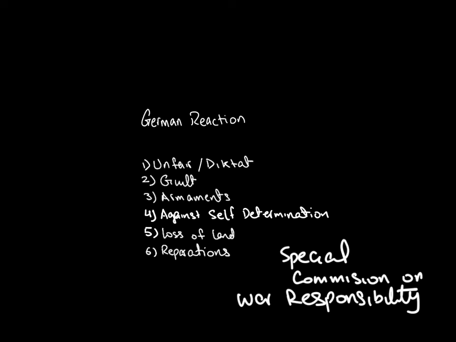Moreover, the Germans were against the loss of land, but mainly the Germans living in those lands were the minority, and those claims were on nationalistic, ethnic grounds. Germans did have a legitimate claim of resentment on the reduction of armaments.